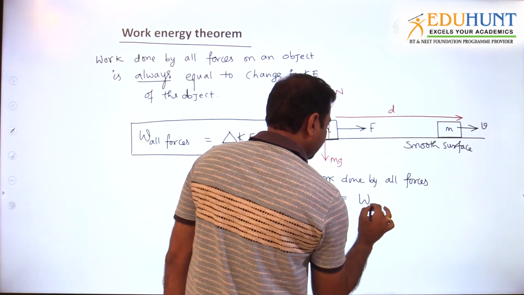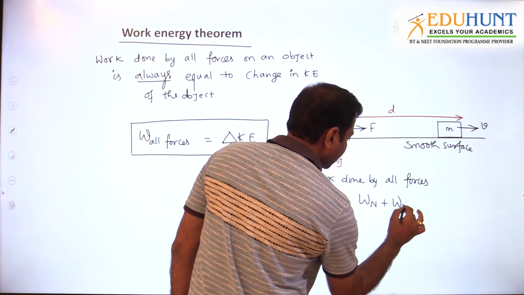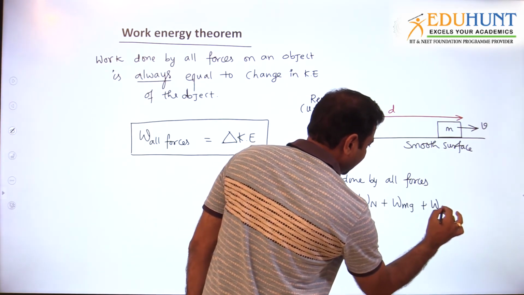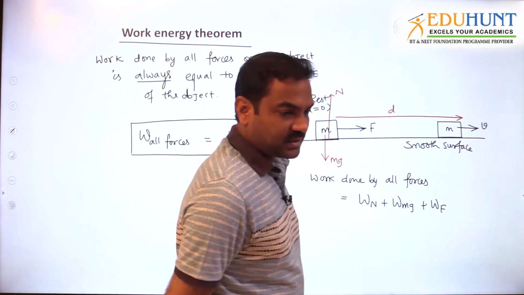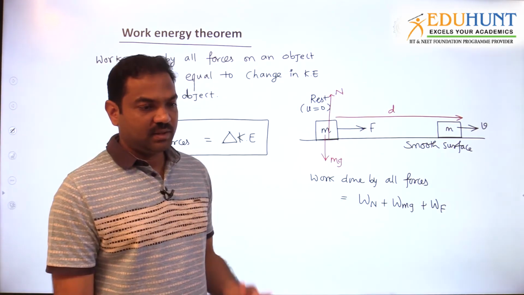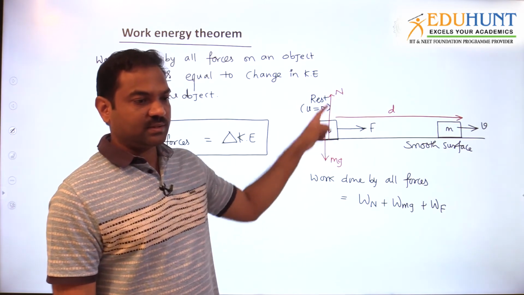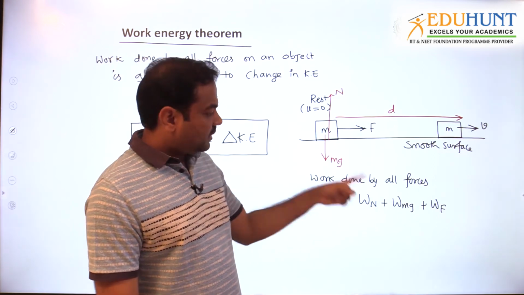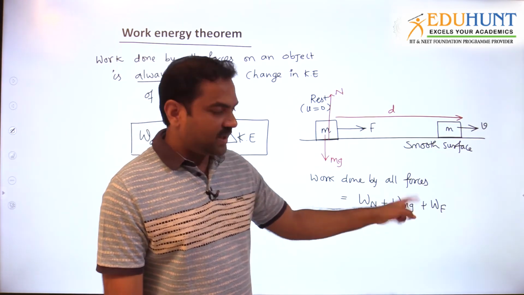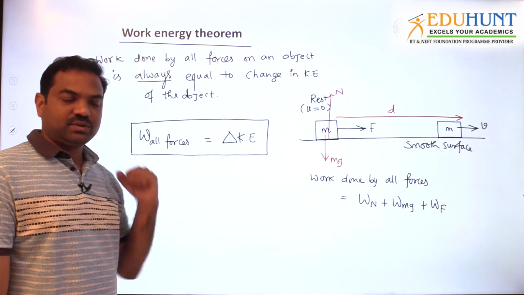Work done by all forces means work done by normal reaction, work done by mg plus work done by F. These are the three forces acting on the block. On the block, how many forces are acting? Check it once. Three, no? One is mg, other one is normal reaction, and third force is F. Work done by normal reaction I have taken, work done by mg also I have taken, work done by F also I have taken. Work done by each and every force you have to consider.